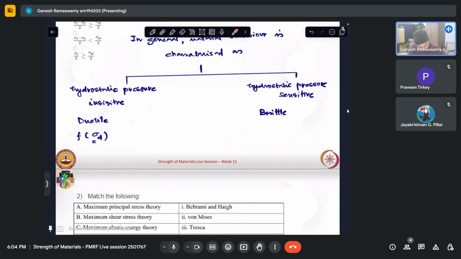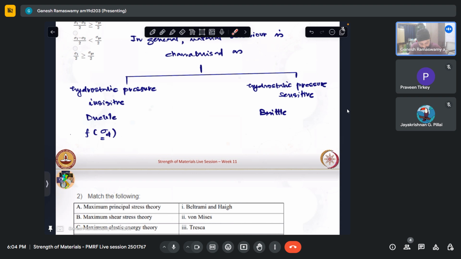So it is not universal that one material will behave in either fashion as listed here. It is also a function of temperature and many other things. In general, metals under normal operating temperatures show a ductile behavior.